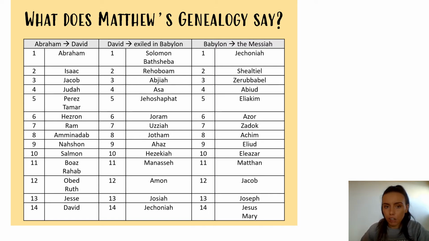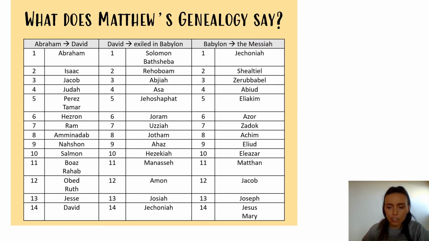So now that we're clear on what genealogy means, we're going to look at what Matthew's genealogy says. In the Gospel of Matthew, the genealogy is written in continuous prose, which means it is written in full sentences. But to make it easier for me to talk through, I have popped it in a table format. The first interesting point about this genealogy is that it is organised into 3 sections of 14.